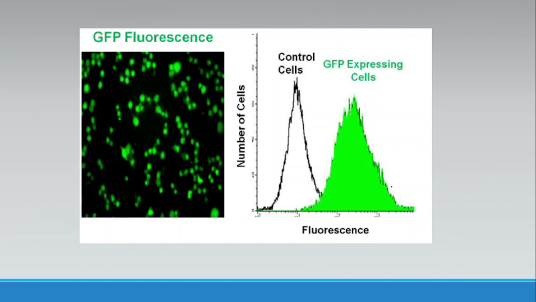Here you can see the green fluorescence under the inverted fluorescence microscope, and also the flow cytometric analysis. You can see two different peaks. This is the peak where you don't have fluorescence, that is, non-recombinant. Here is the green fluorescence given out by the recombinants.